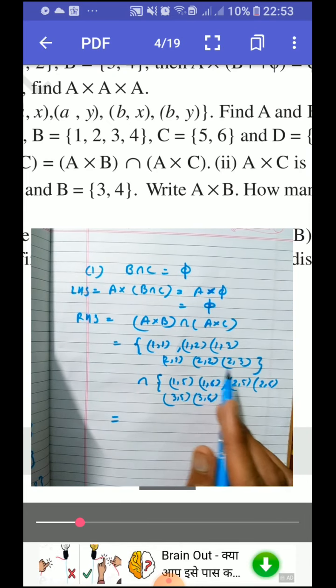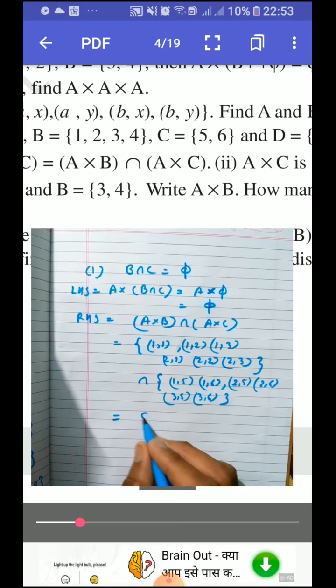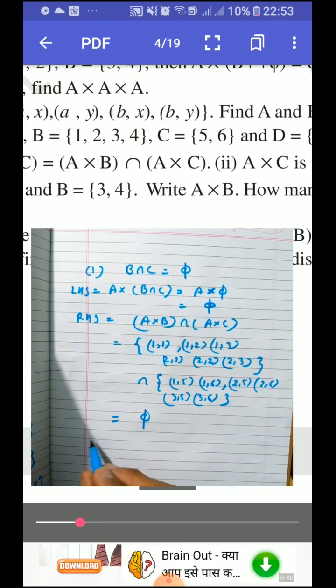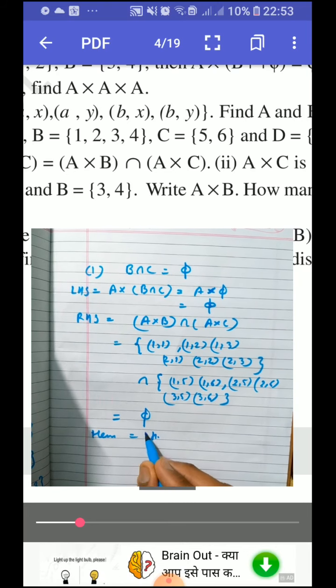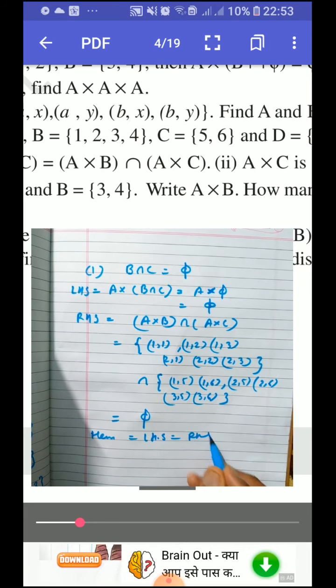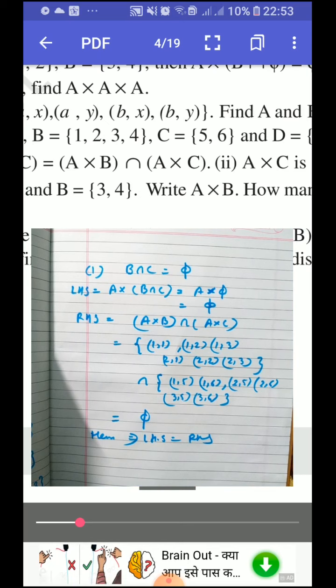Nothing is common in both sets, so the intersection is the empty set. Hence LHS equals RHS.